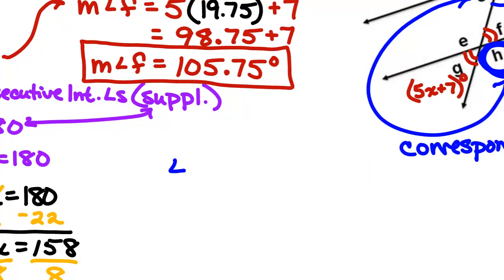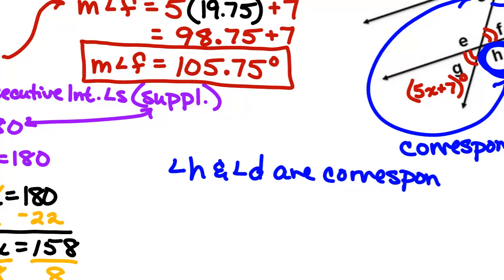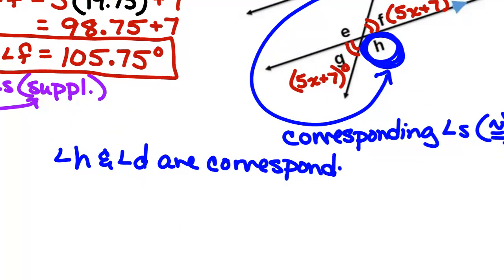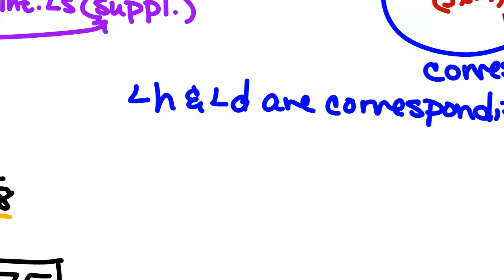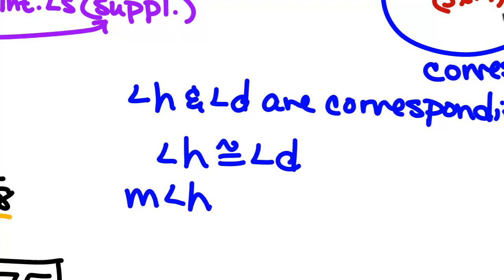So angle H and angle D are corresponding, so angle H is congruent to angle D, which means the measurement of angle H is equal to the measurement of angle D.